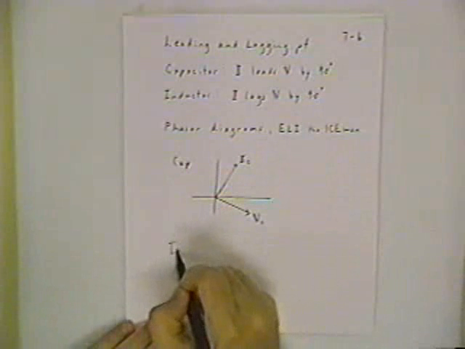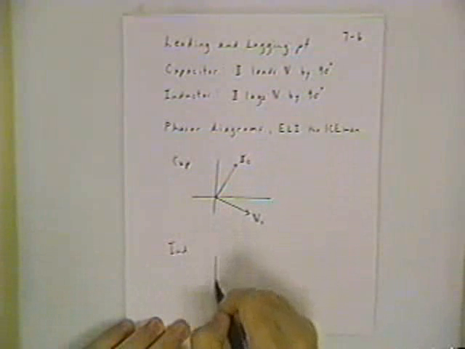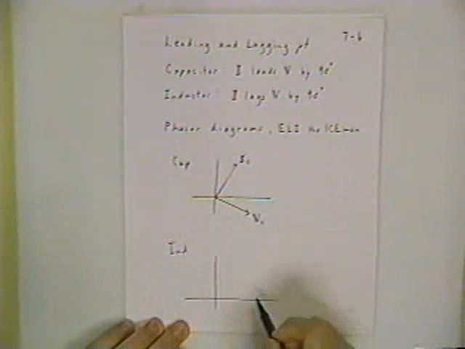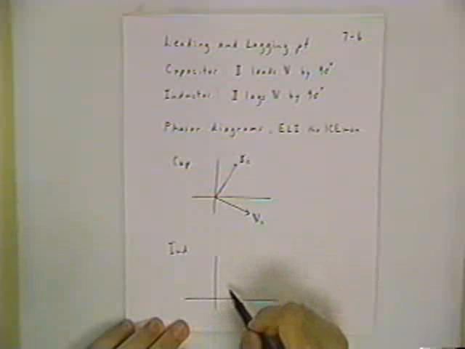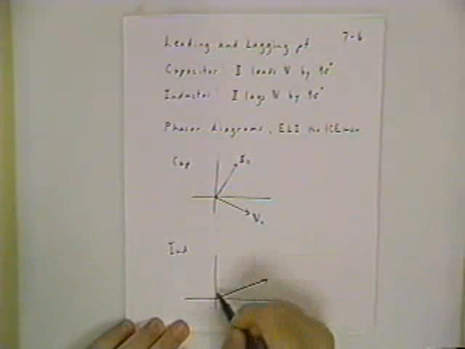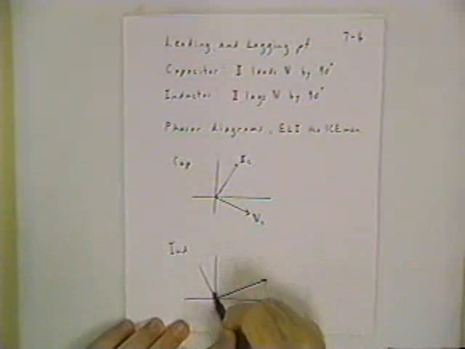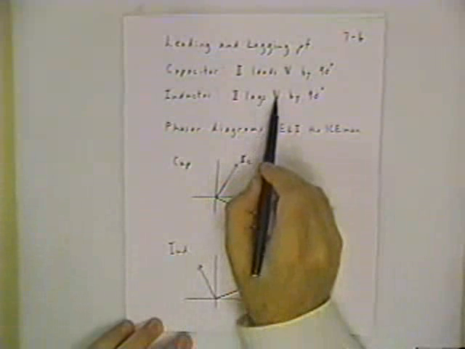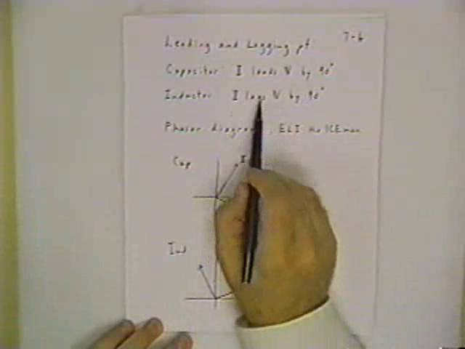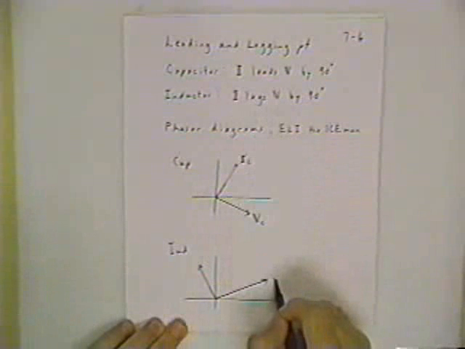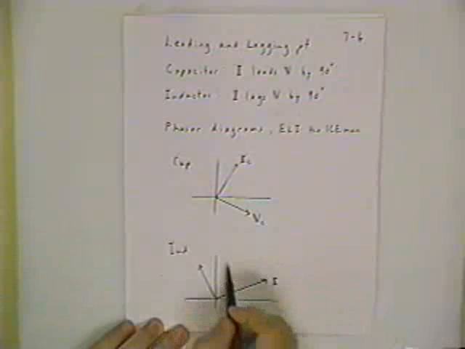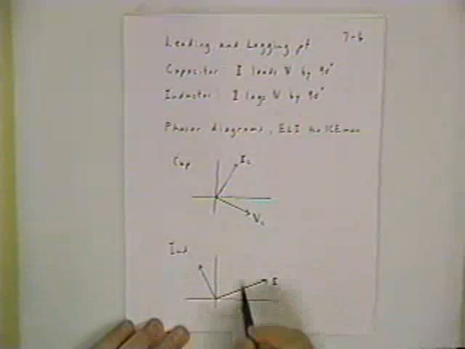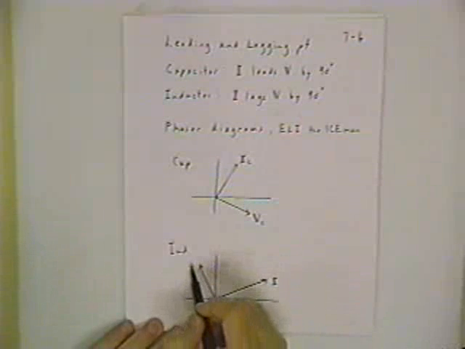For an inductor, very similar, we're going to have a current lagging behind a voltage, or you can turn that phrase around and say voltage leads current or current lags voltage. It's just a matter of keeping track of who passes a certain point first as you're rotating around counterclockwise.